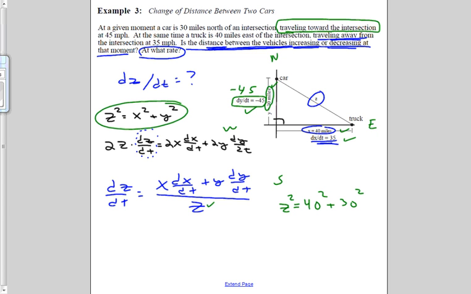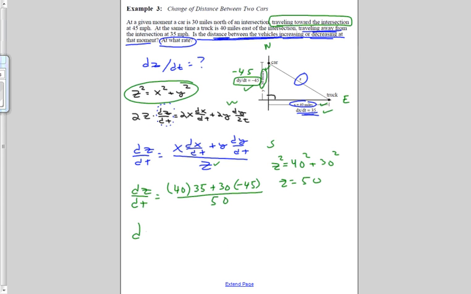This is a 3, 4, 5 triangle, so z is going to equal 50. So I get that dz/dt equals my x value, 40, times dx/dt, which is 35, plus my y value, which is 30, times dy/dt, which is negative 45, all over z.